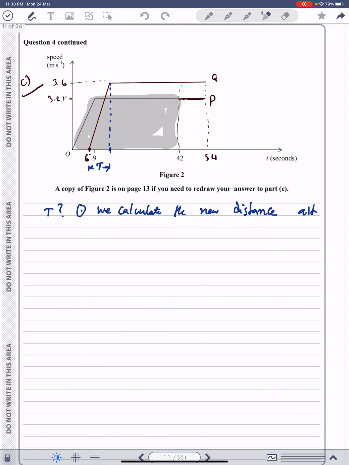So what's the new part until they catch up here? This distance here in blue. Only that will do.